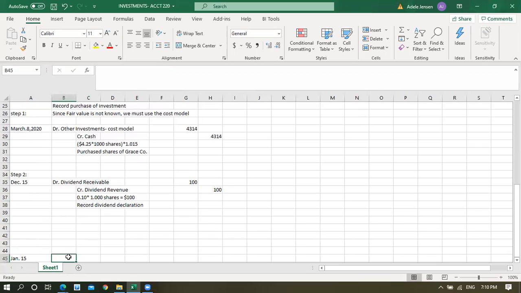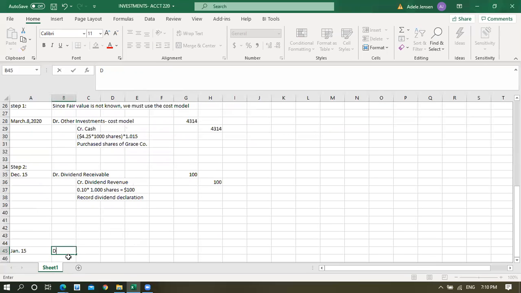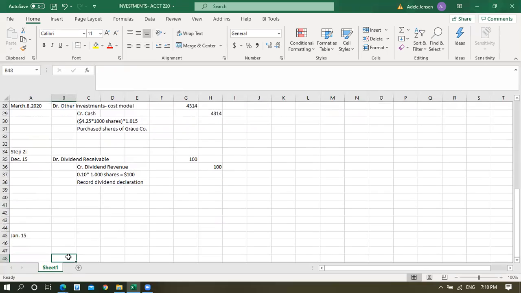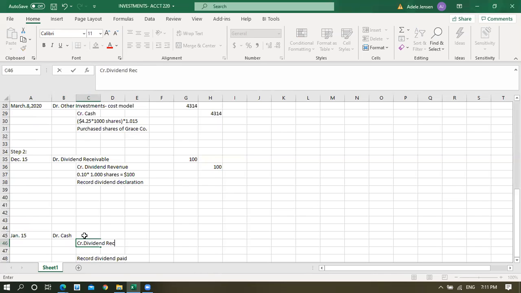And then down here we have, we'll have record dividend paid. So we know that is going to occur on January 15th. Okay, so then we would credit that dividend receivable because then it would no longer be owed.